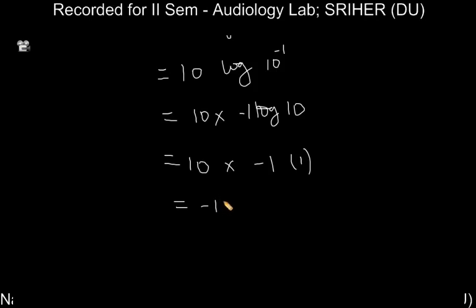That makes the decibel intensity level minus 10. So an observed intensity lesser than the reference intensity will lead to a negative decibel intensity level. An observed intensity which is greater than the reference intensity will result in a positive decibel intensity level.